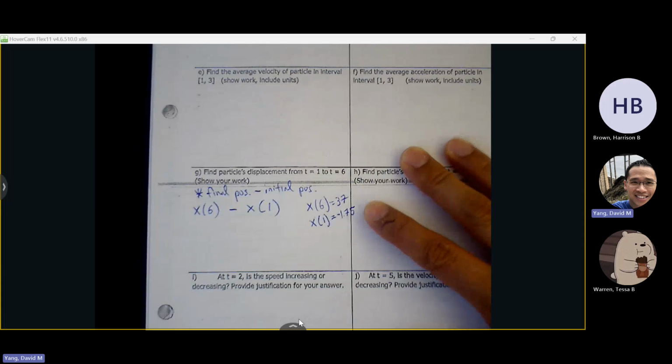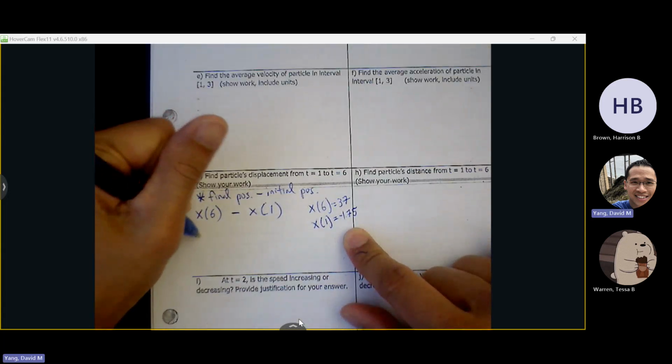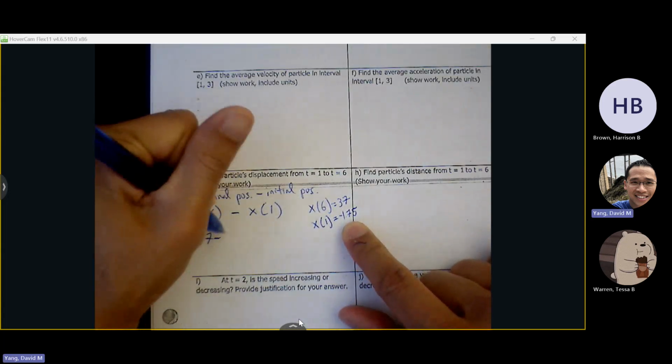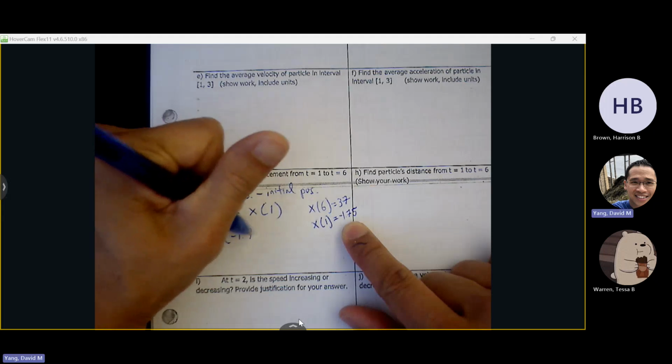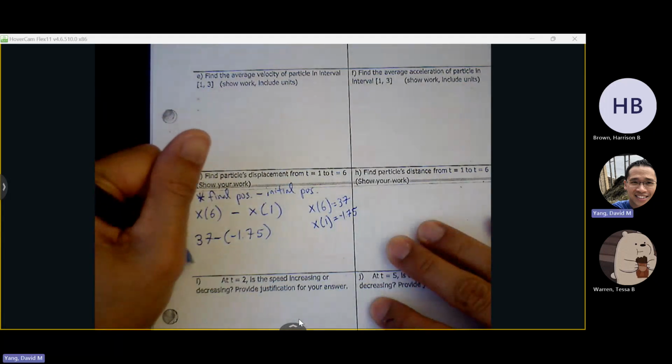So final position minus initial position, we want to figure out between 1 and 6 minutes, how far has the object traveled and in which direction? So 37 minus negative 1.75. And this gives us 38.75.